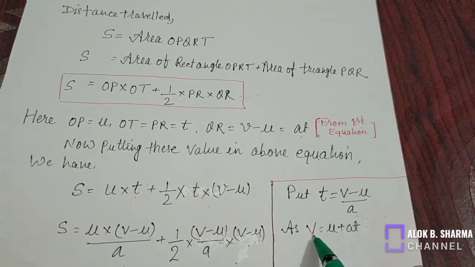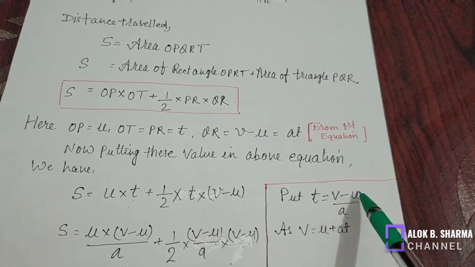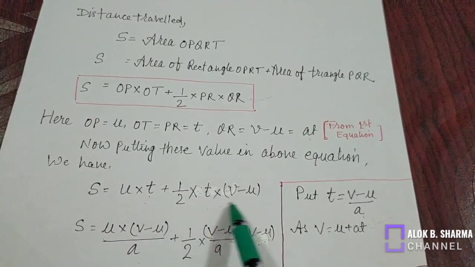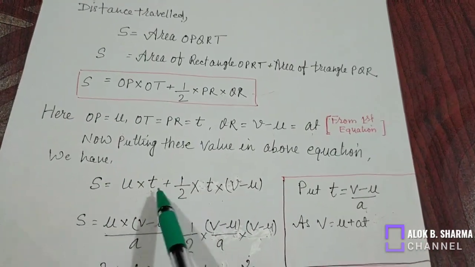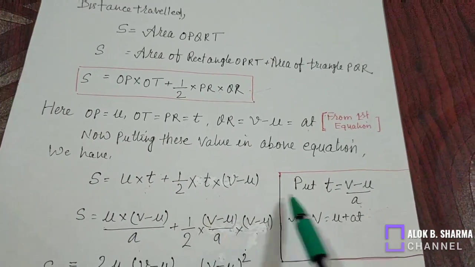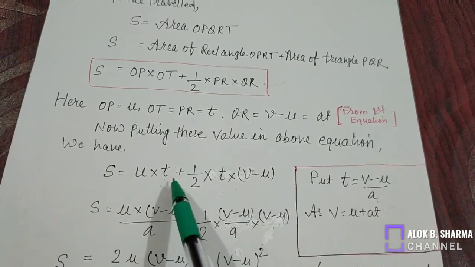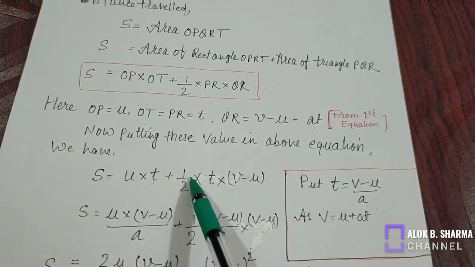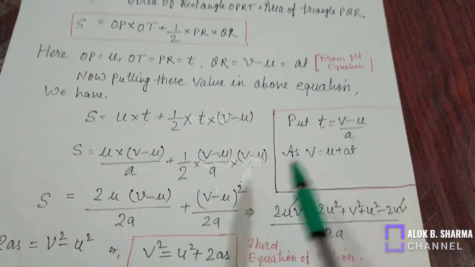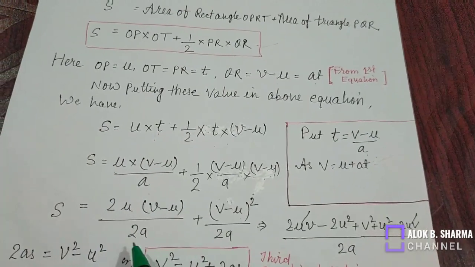Already we have derived the first equation of motion, v equals u plus at, and using this equation t equals (v minus u)/a. So the result is s equals ut plus 1/2 t(v minus u). Now when we replace t by (v minus u)/a, we get u into (v minus u)/a, plus half into (v minus u)/a into (v minus u). Now we calculate, first making the same LCM, that is 2a.